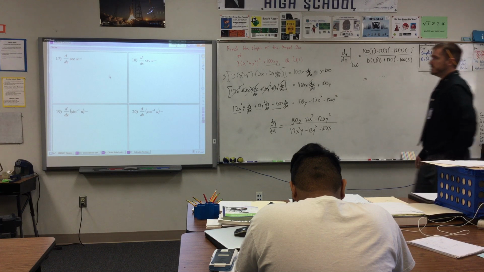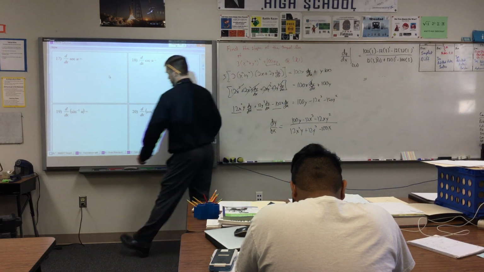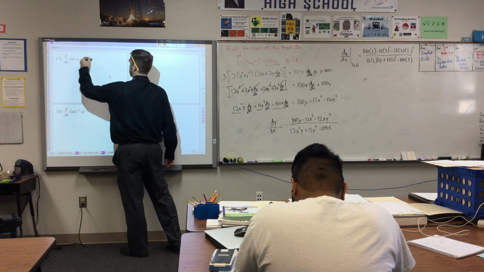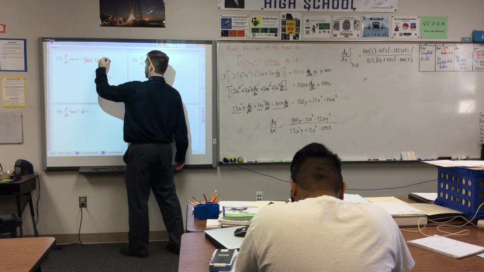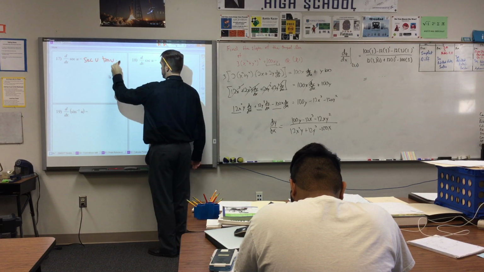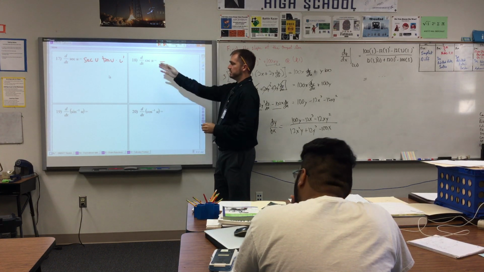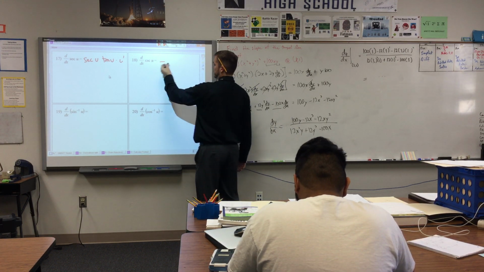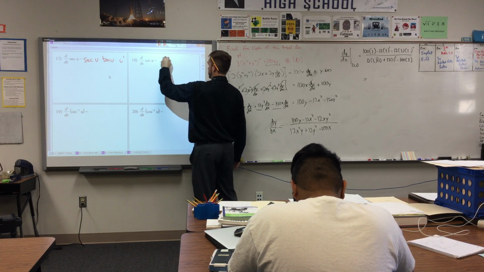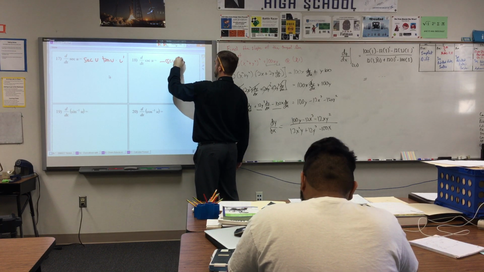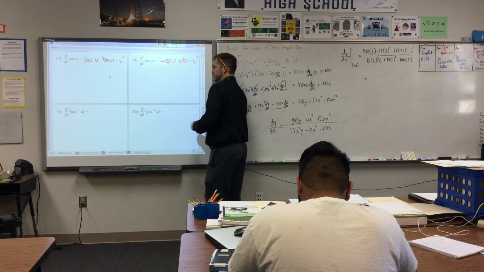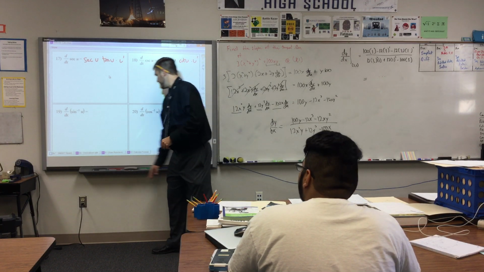So the derivative of secant is secant u tangent u times u prime. Cosecant, I know it's negative, you know it's going to resemble that one: negative cosecant u cotangent u times u prime.